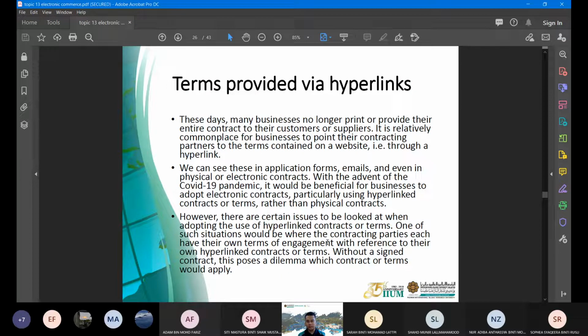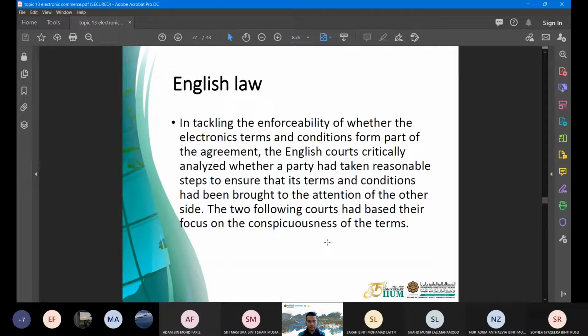What about terms and condition provided via hyperlinks? Yeah. So of course, as we can see in the previous case, this is a valid way to provide the terms. However, okay, you can provide the hyperlink.